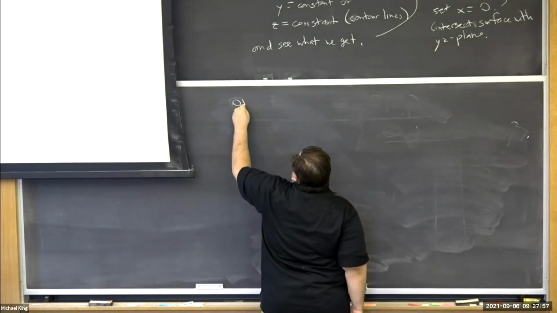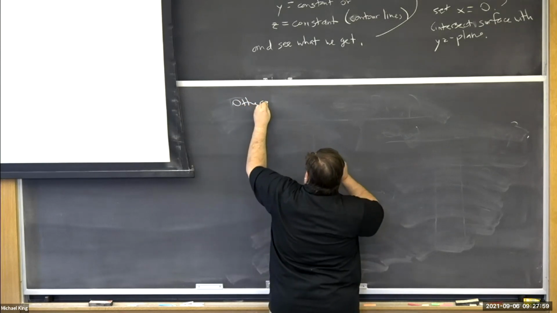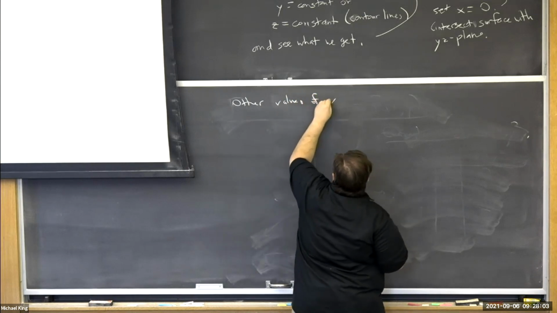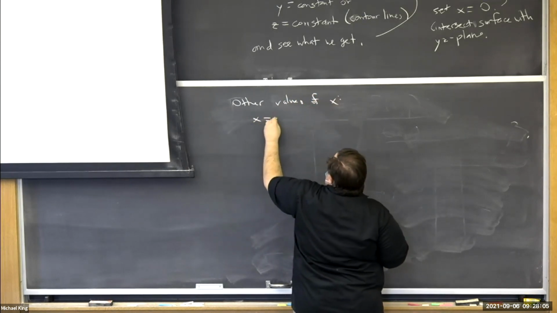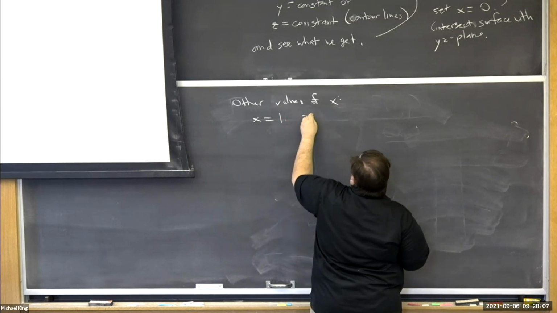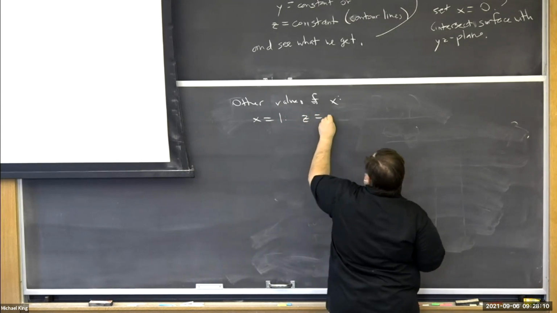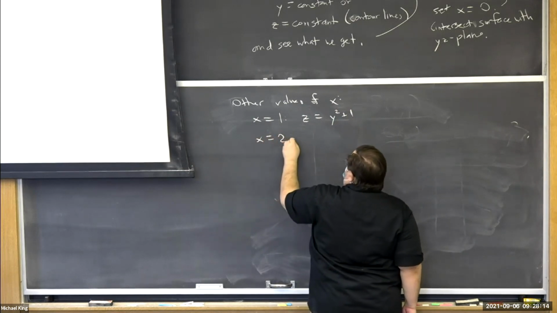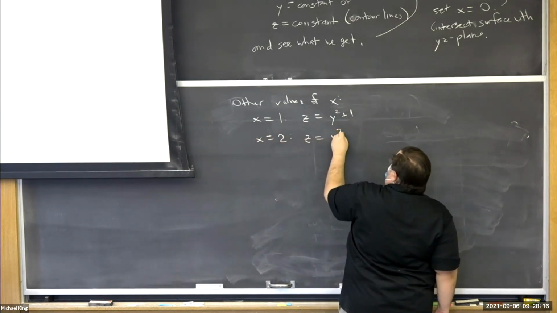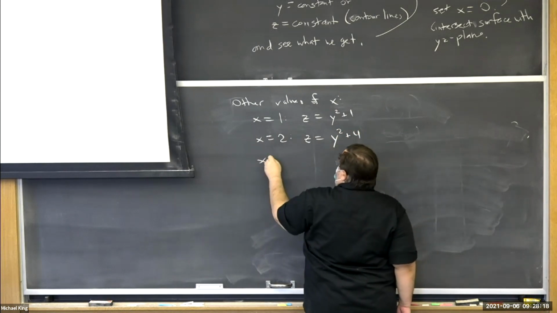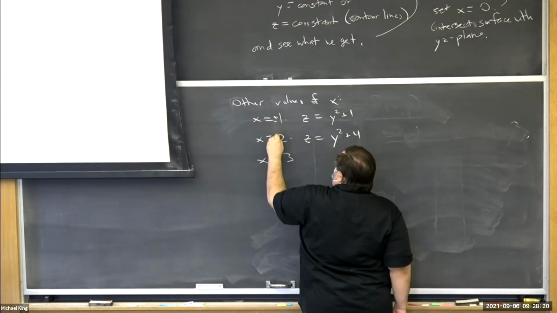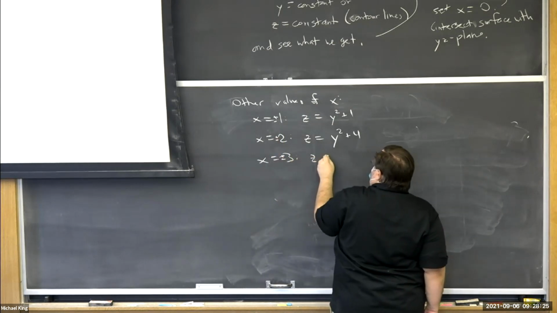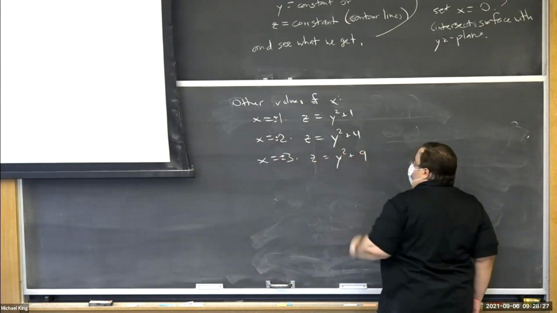So other values of x, say, if we did x equals 1, we would get z is 1 plus y squared, or y squared plus 1. If x is 2, we would get y squared plus 4. If x is 3, and actually this could be plus or minus 1, plus or minus 2, plus or minus 3, we get z is y squared plus 9.